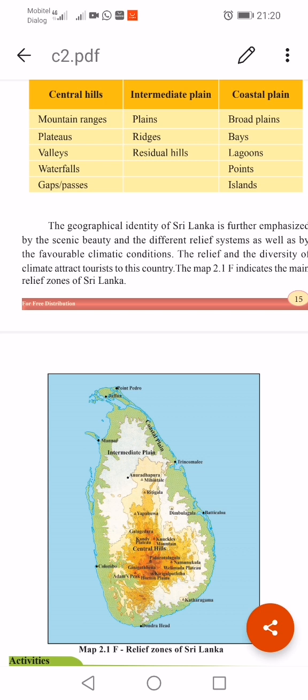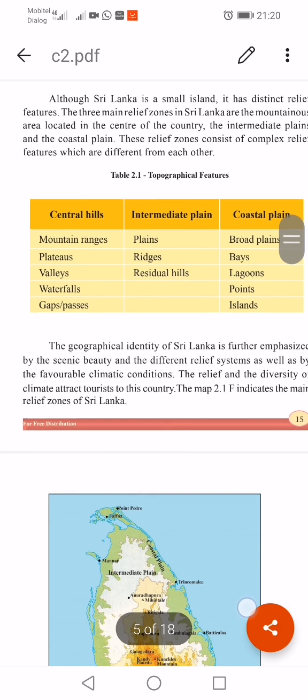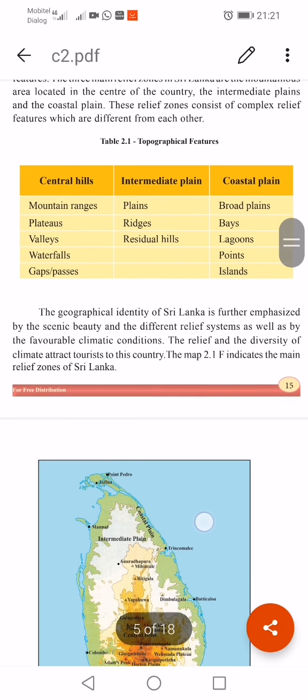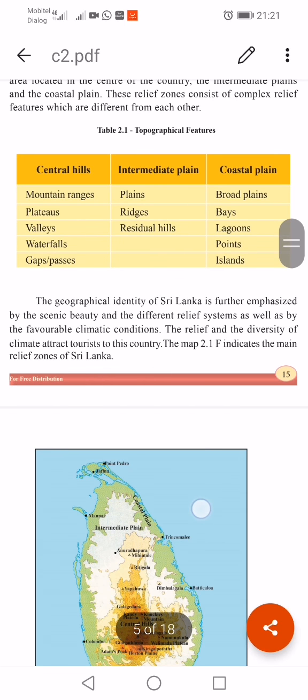And if you continue to the Uva province side onto the Ella Road, there you can see Ravana Ella Falls, right? There are many other falls around the Nuwara Eliya area, and those are not new to you.